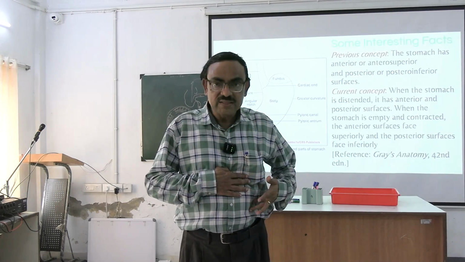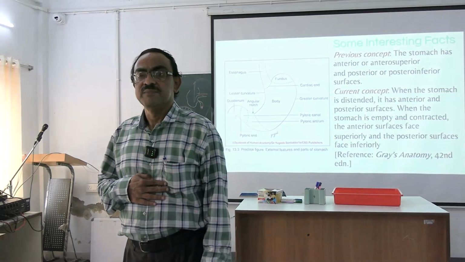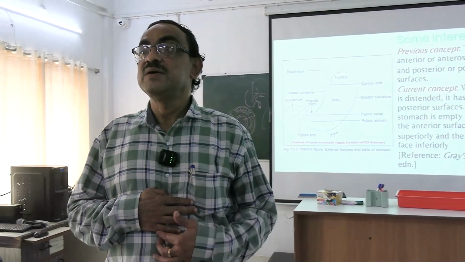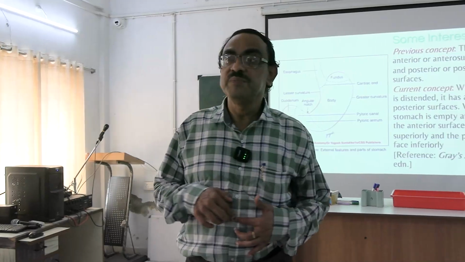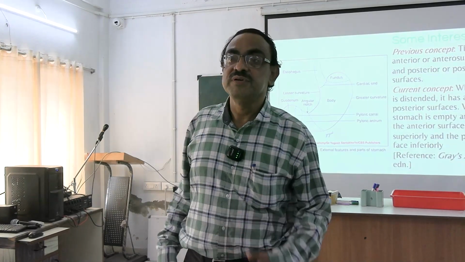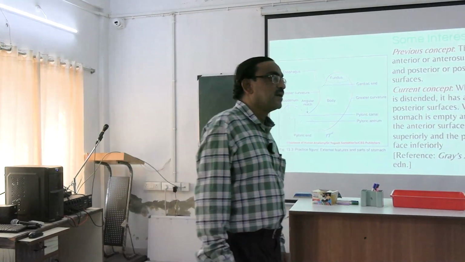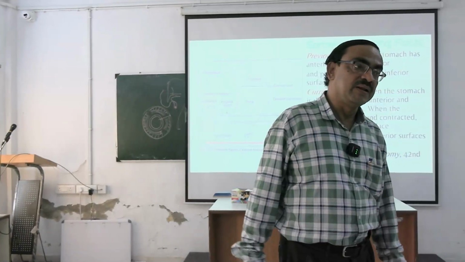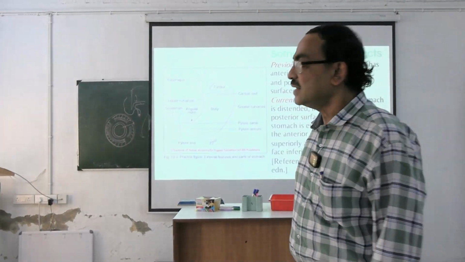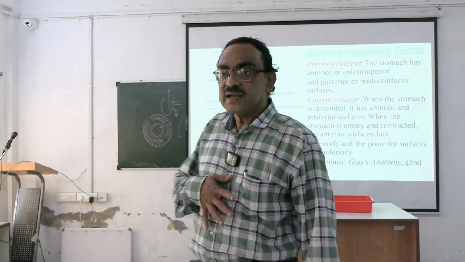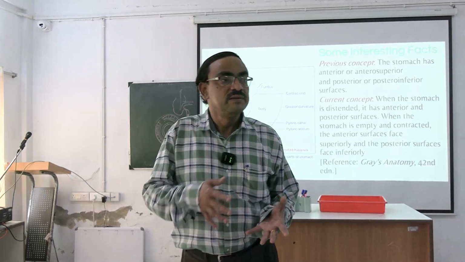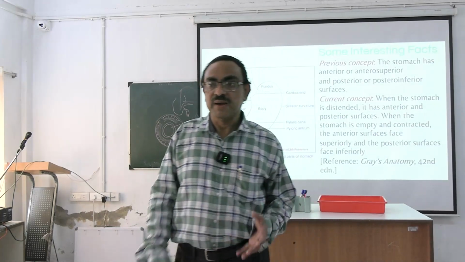And if I draw one line, that is called the transpyloric plane. It is half an inch to the right of the midline. And this cardiac end is more deeply situated than the pyloric end.